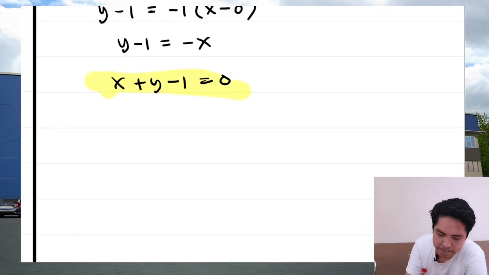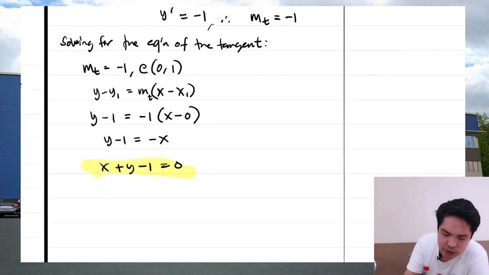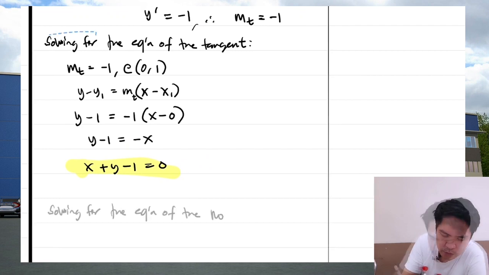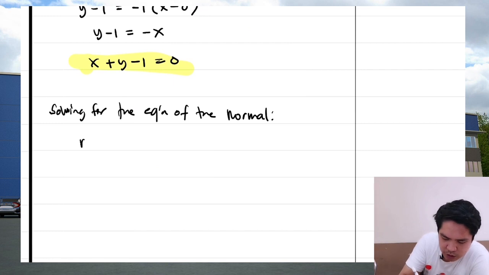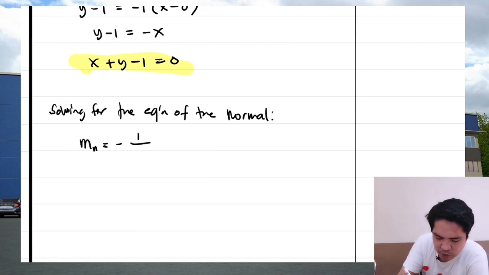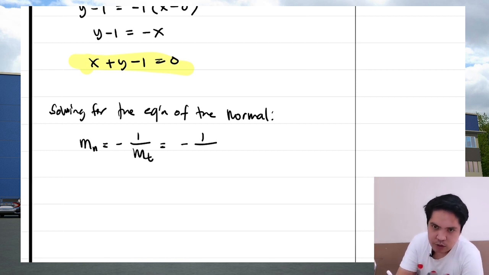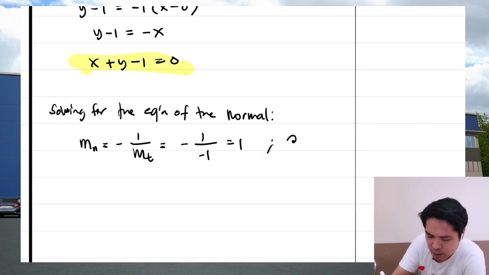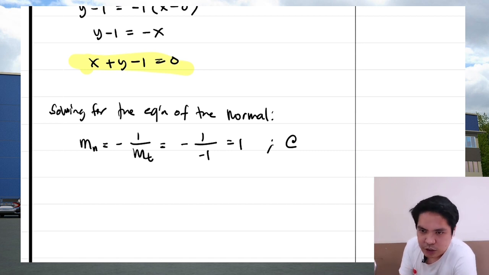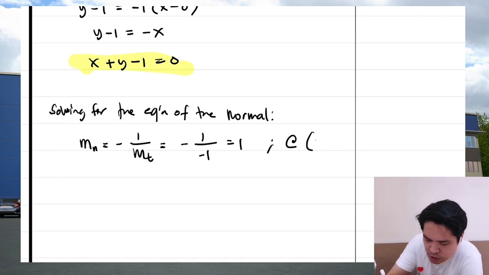Okay, then let's solve for the normal. So solving for the normal. So for the normal, the slope of the normal is just equal to negative reciprocal of the slope of the tangent. So that would be negative 1 over negative 1. So that is positive 1. And the point of intersection is, of course, the point of tangency, which is at 0, 1.